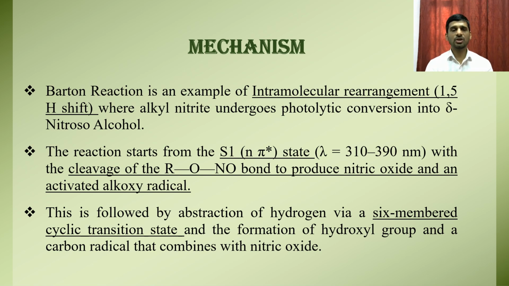Okay, so whenever Barton reaction occurs, it proceeds via a six-membered cyclic transition state and the formation of a hydroxyl group and an alkoxy radical that combines with nitric oxide.